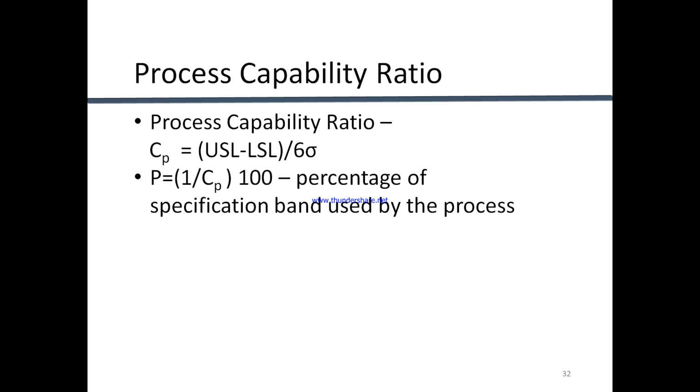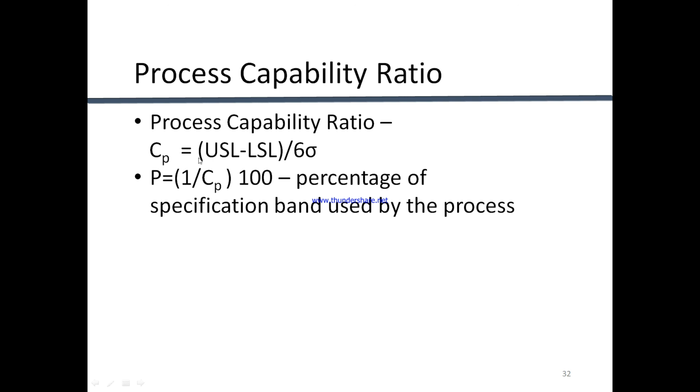And then for a given process we can calculate the percentage of specification band. That is 1 over Cp. Since it is a percentage, you multiply that by 100%.